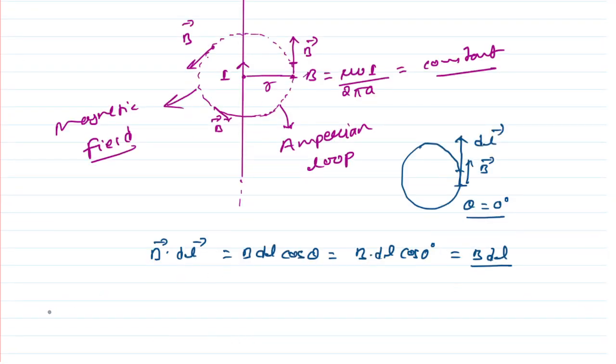We have to do the line integral over the entire closed path.